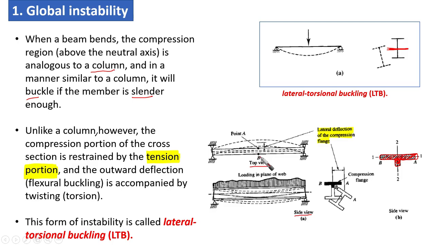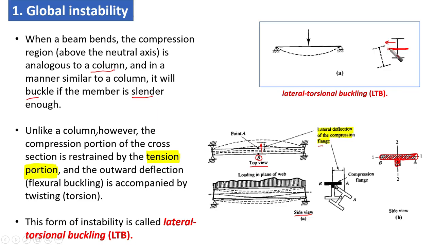So this point, which is point B, is going to move laterally in this direction. So this is what we call lateral deflection of the compression flange. So this part is not only going to buckle, it is going to buckle laterally.